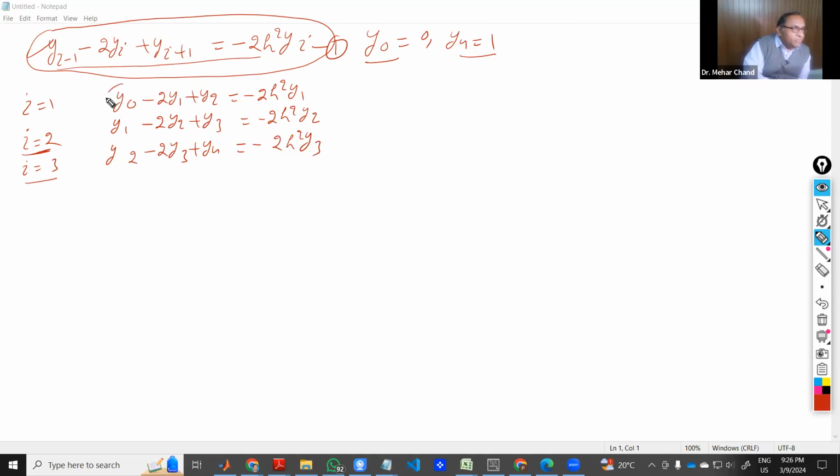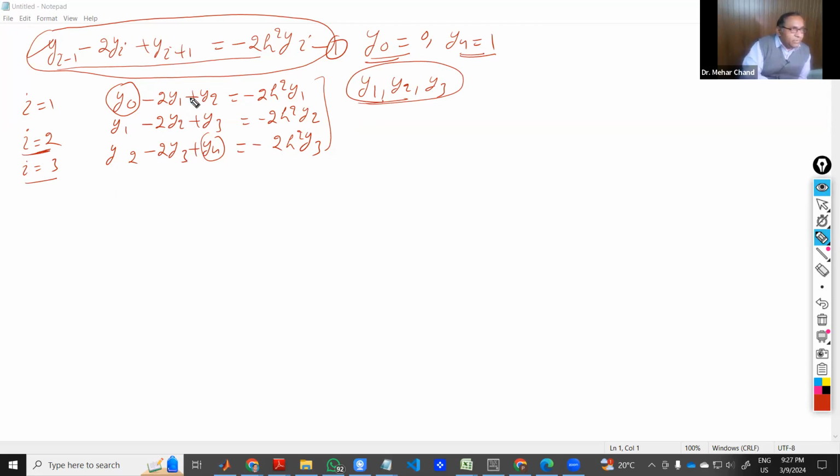But the values of y0 and y4 are given. We will use these values in these three equations, which have three unknowns: y1, y2 and y3. So we rewrite these equations in this form.